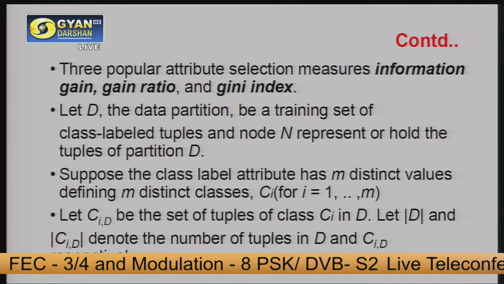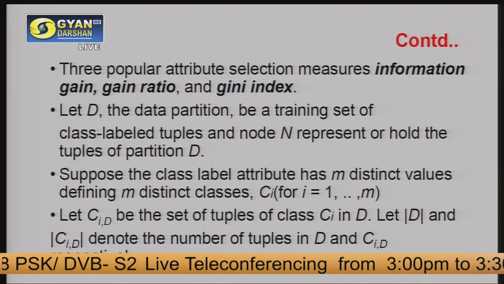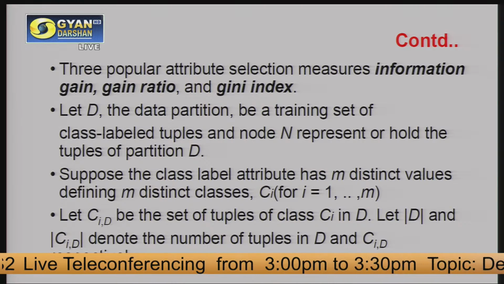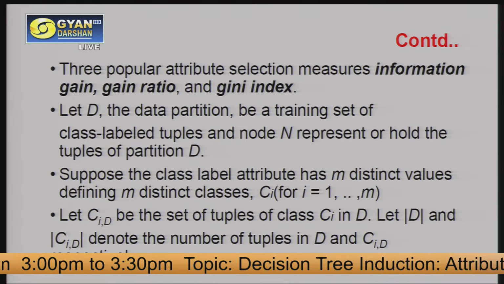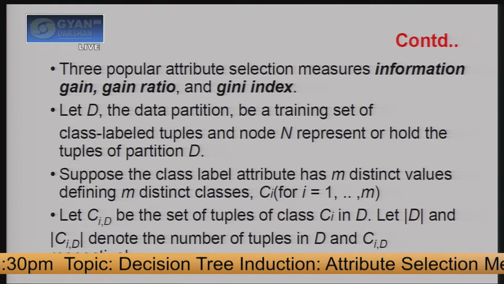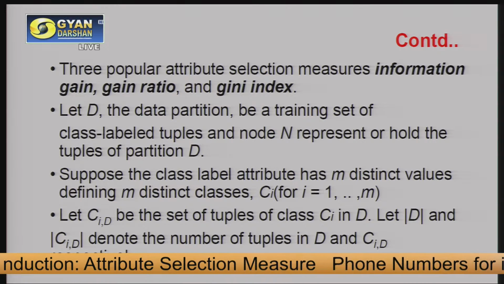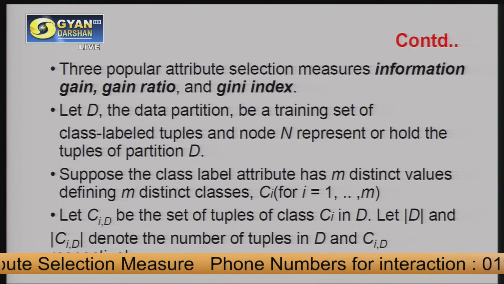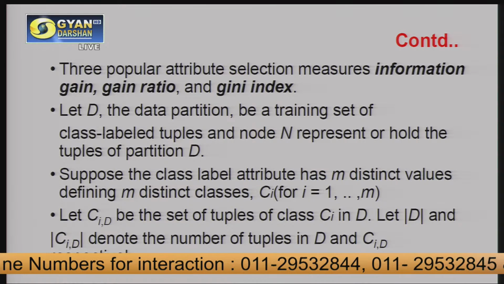For example, if you have rainy, sunny and cloudy, that means M is going to be 3. Then we take C_i,D, which is the set of tuples of class C_i in D. And then we determine |D| and |C_i,D|, which denote the number of tuples in D and C_i,D respectively, right?